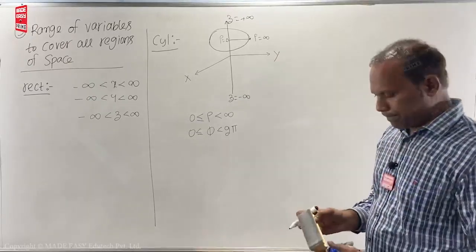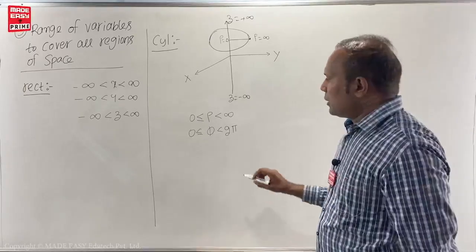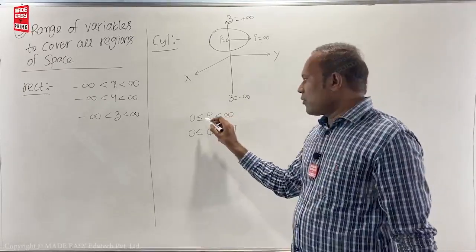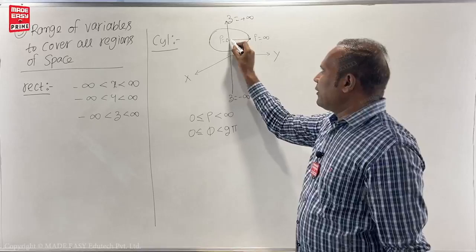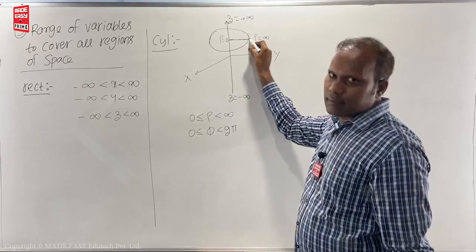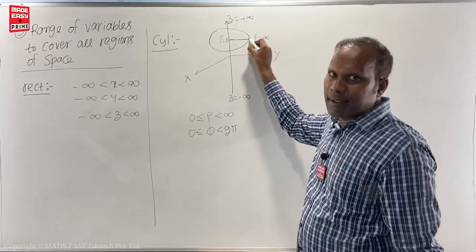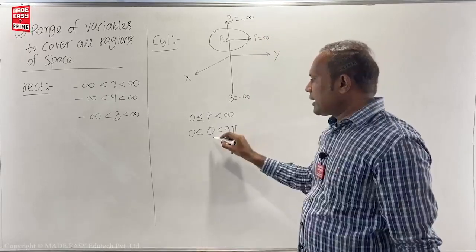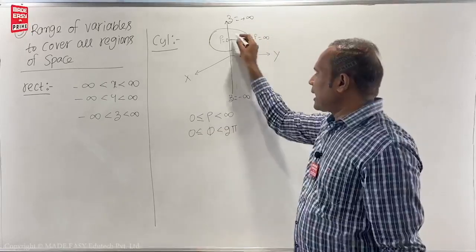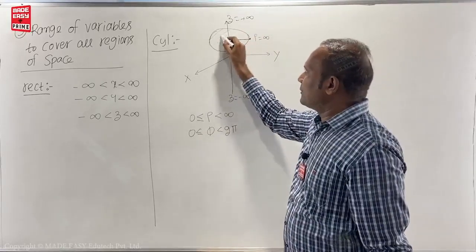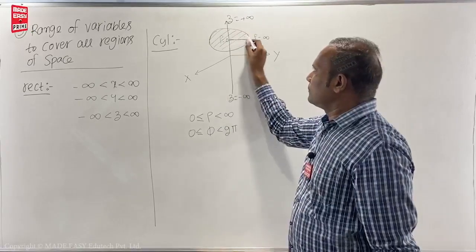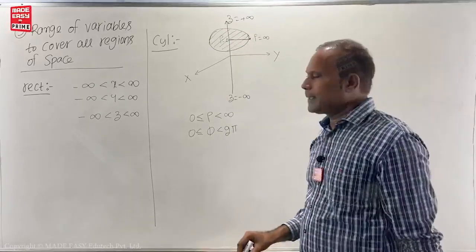So dear friends, by taking rho from 0 to infinity, I got an infinitely long radius line. Then rotate the horizontal angle from 0 to 2 pi, and I get a circle, a circular surface.